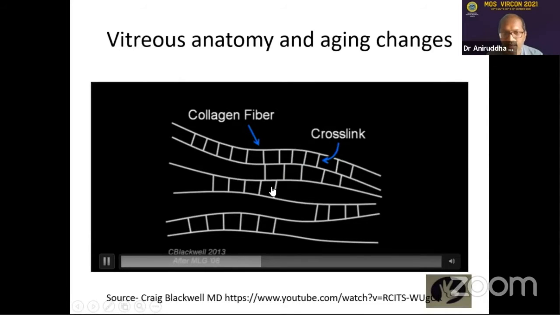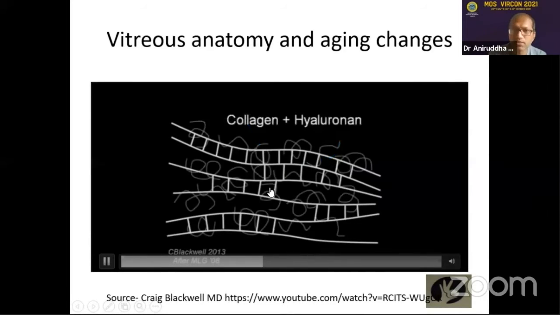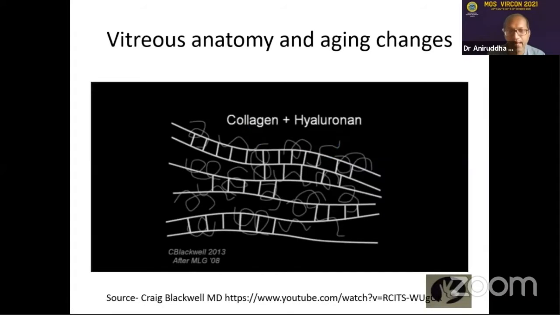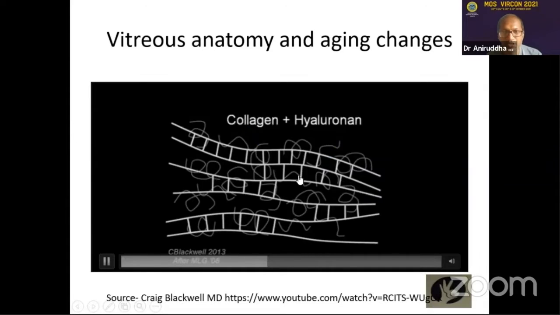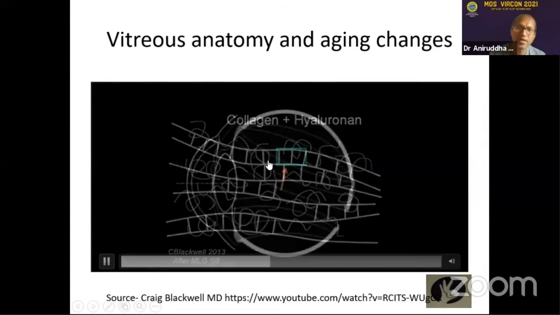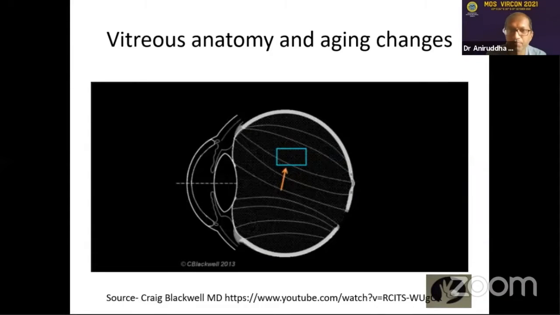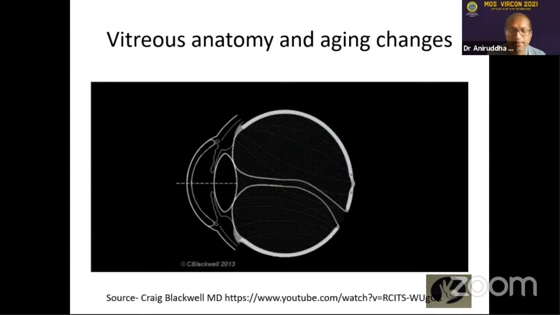So this is very well interspersed and that gives clarity, and we can see hyaluronan going around the collagen. This anatomy of vitreous is very important because newer drugs are coming up which can help us in treating vitreomacular interface disorders. And as we age, this anatomy, this biochemistry of the collagen fibers and other structures starts to change.